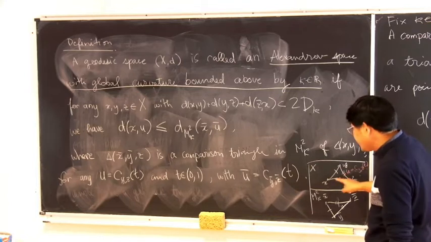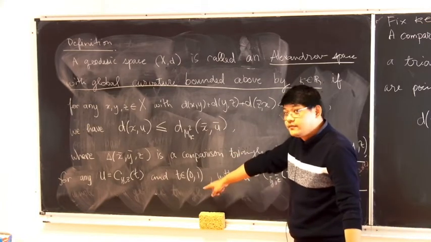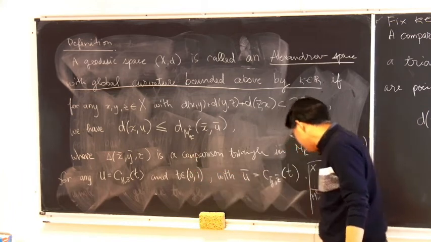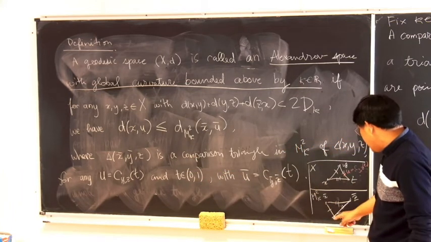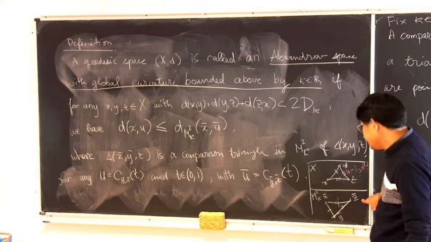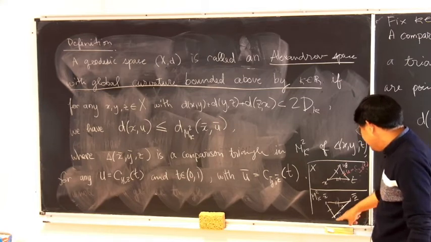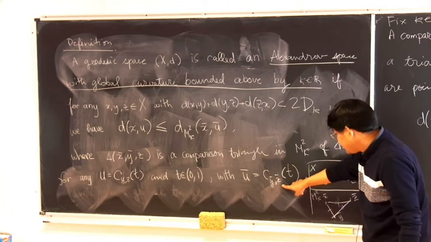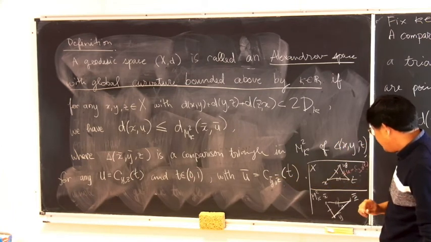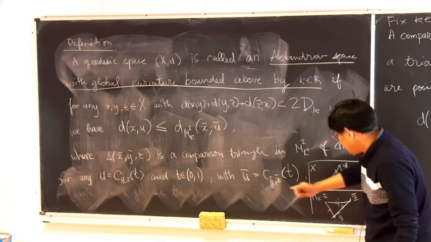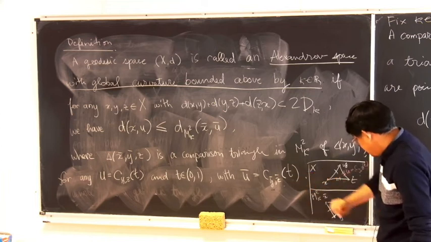After that, we have to construct u bar, which depends on u. u bar is the point on the side y bar, z bar. Okay, and if c_y-bar-z-bar is the normalized geodesic connecting y bar to z bar, then we can substitute t here.